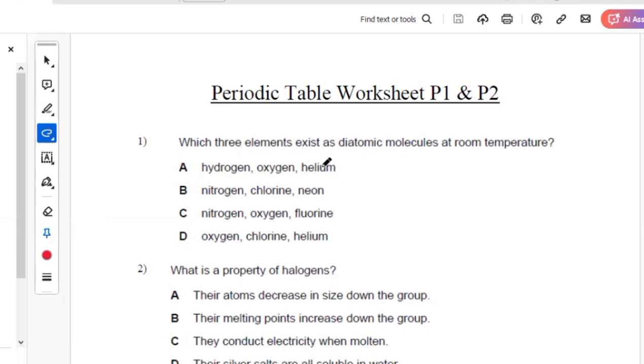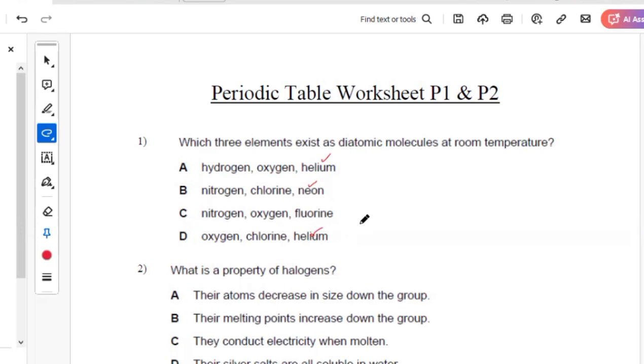First of all, this is a monoatomic gas. This is also a monoatomic gas because they belong to group 8 and they are noble gases. And this is also a monoatomic gas.